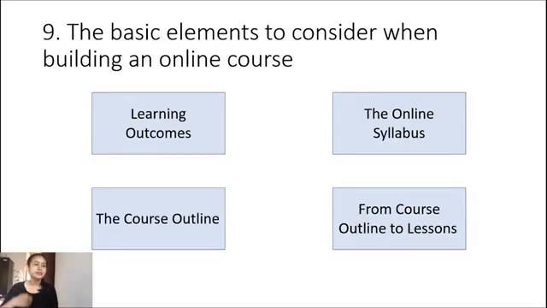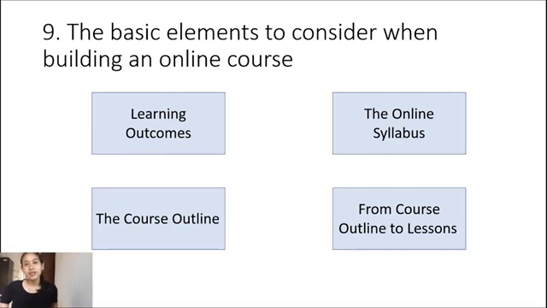Number 9 is the basic elements to consider when building an online course. There are 4 points. The first is learning outcomes, the second is the online syllabus, the third is course outline, and the last is from course outline to lesson. Learning outcomes means the teacher tells students what goals the students will achieve.